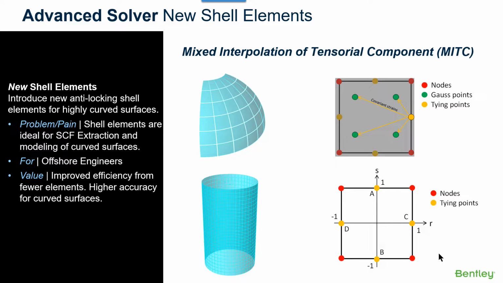SACS employs the MITC shell element that uses 4 interpolation points. Through this new enhanced shell element, SACS now provides a better analysis result of curved surfaces. To use this feature, we need to choose the advanced solver in SACS Executive, as we saw in the previous slide.